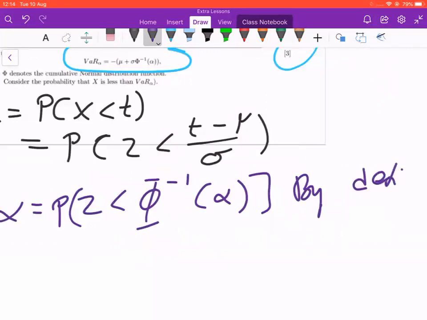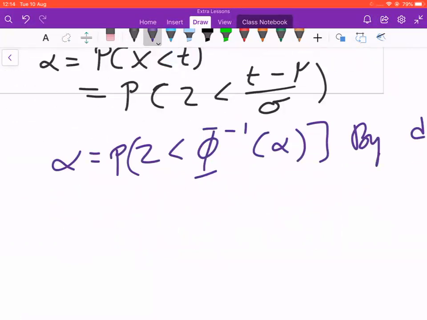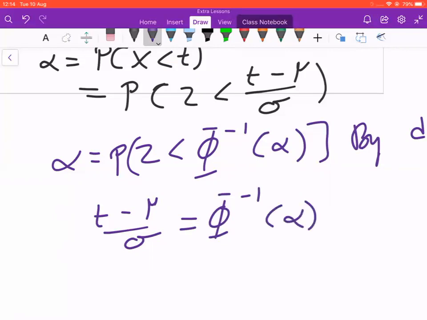This is by definition, and therefore t minus mu over sigma should be equal to the inverse of the standard normal function. Then you find t by making t the subject of the formula: t equals mu plus sigma times the inverse of the standard normal function. This should be your answer.